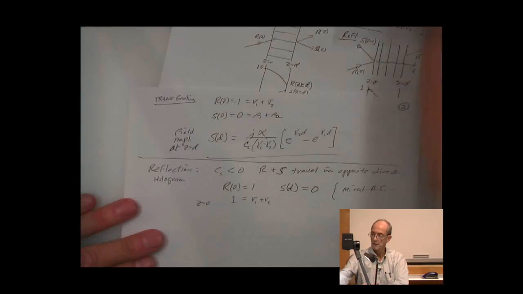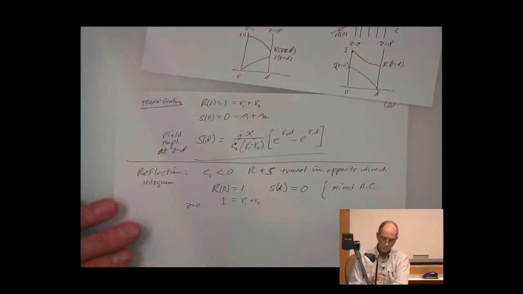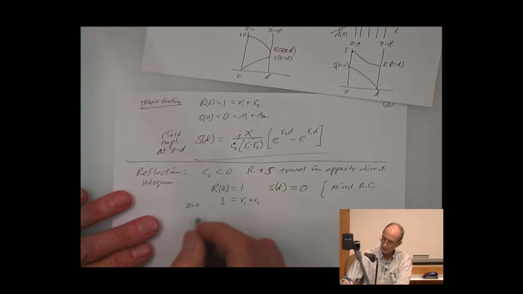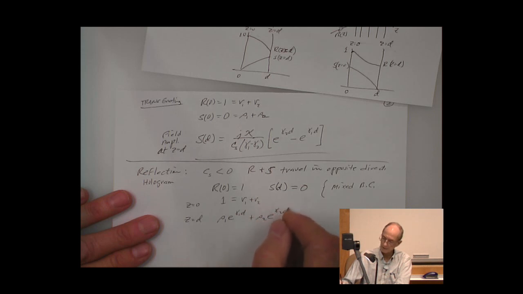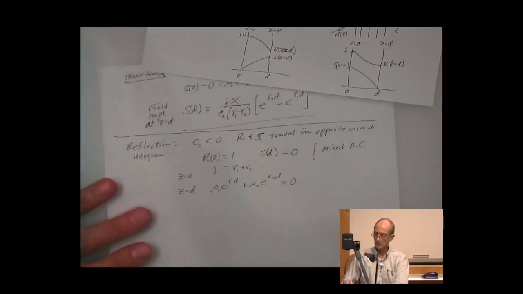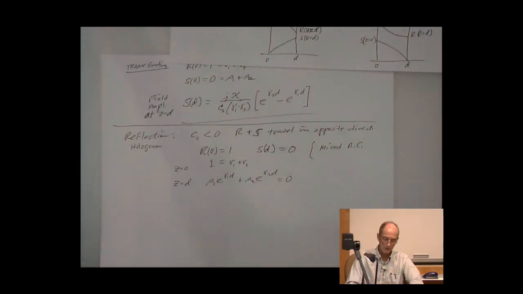So that's where that comes from. But now for the other boundary at z equals d, we have s1 e to the gamma 1d plus s2 e to the gamma 2d equals 0. So we can't get by with dropping those exponentials out in this case.